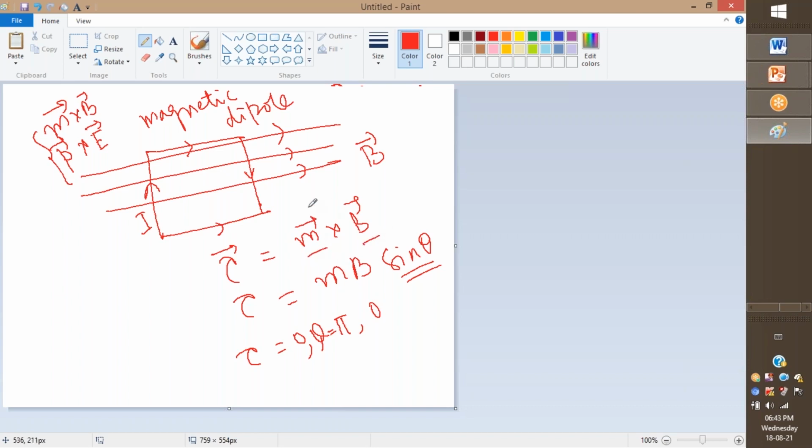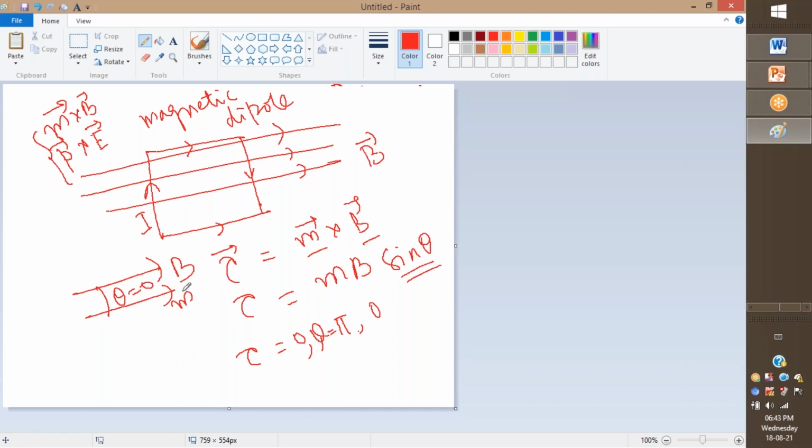So for that magnetic dipole, when the angle between M and B, that means the dipole moment and the field, is 0 or pi, suppose the magnetic field is in this direction and the magnetic moment is also in this direction, so the angle between them is 0.